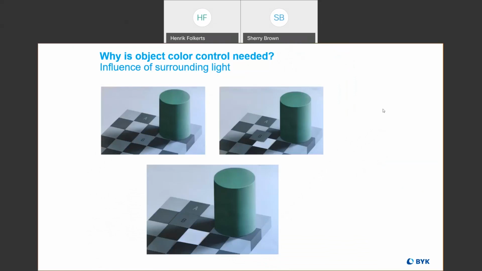This is our eye tricking us into believing they are different colors, because our eye sees the B square in that first picture as being under the shadow. Our brain tries to compensate for that and says that color is actually lighter than it appears, because if it wasn't under the shadow, it would look lighter. But of course, this is just a 2D static image. If we put the B square right next to the A square, they are actually the same color, despite looking very different in that first picture.